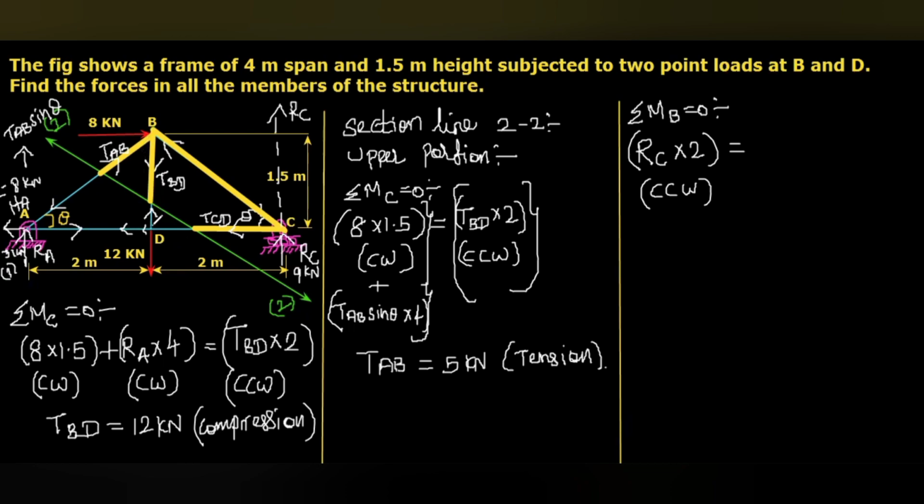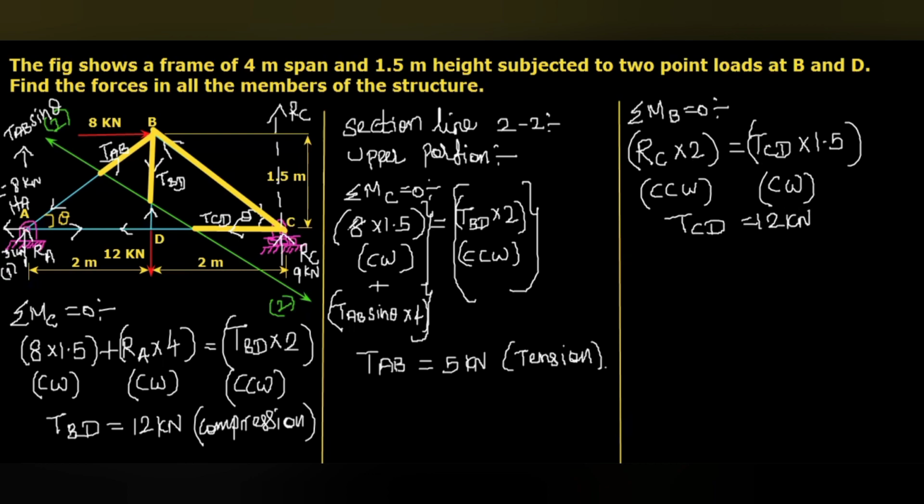So TCD multiplied with 1.5. So here, this will be the clockwise moment. So if you substitute the value of RC, 9 kilonewton, then the TCD equal to 12 kilonewton.